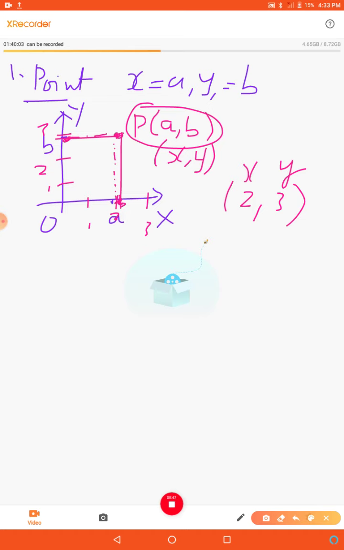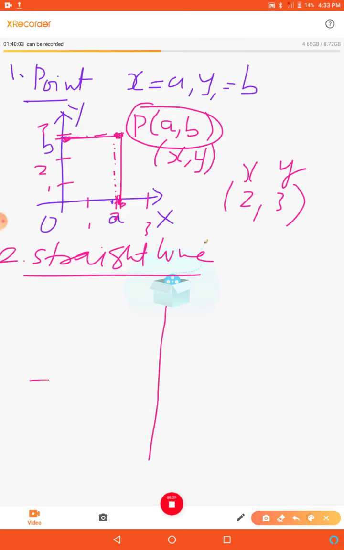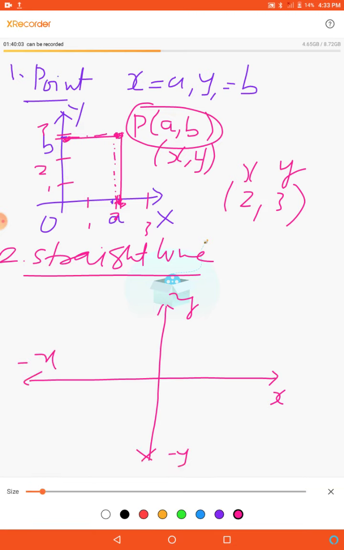Then to represent a straight line, the second type is the straight line. How to represent a straight line? Say you have a graph with 4 quadrants. This is the x-axis, this is the y-axis, this is the minus x-axis, this is the minus y-axis.